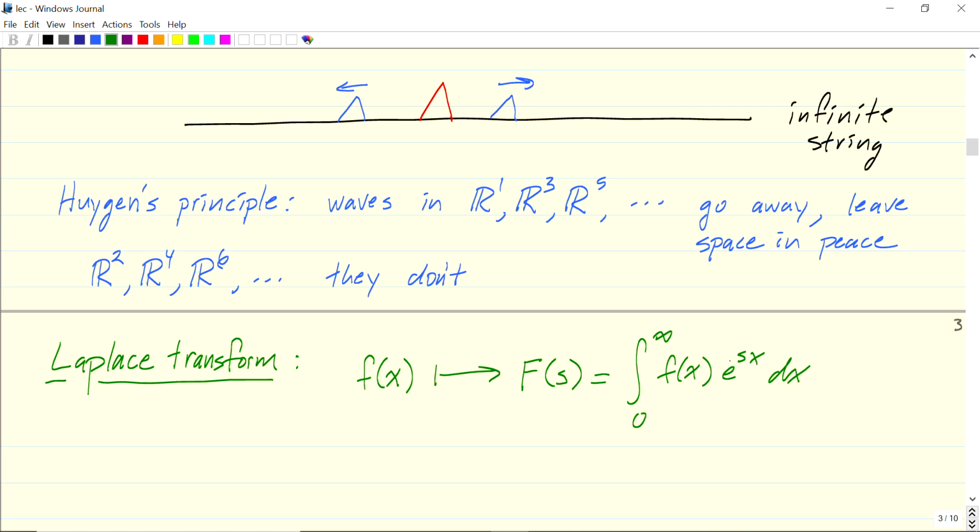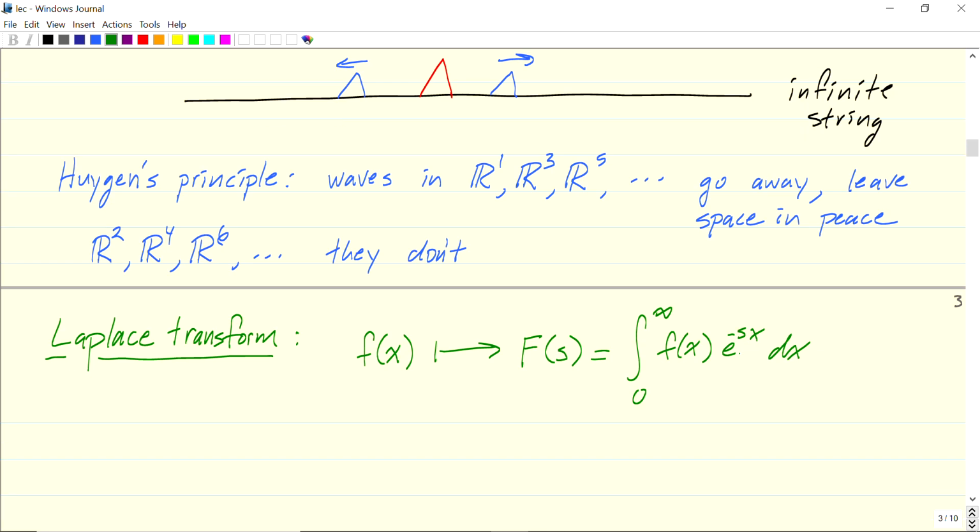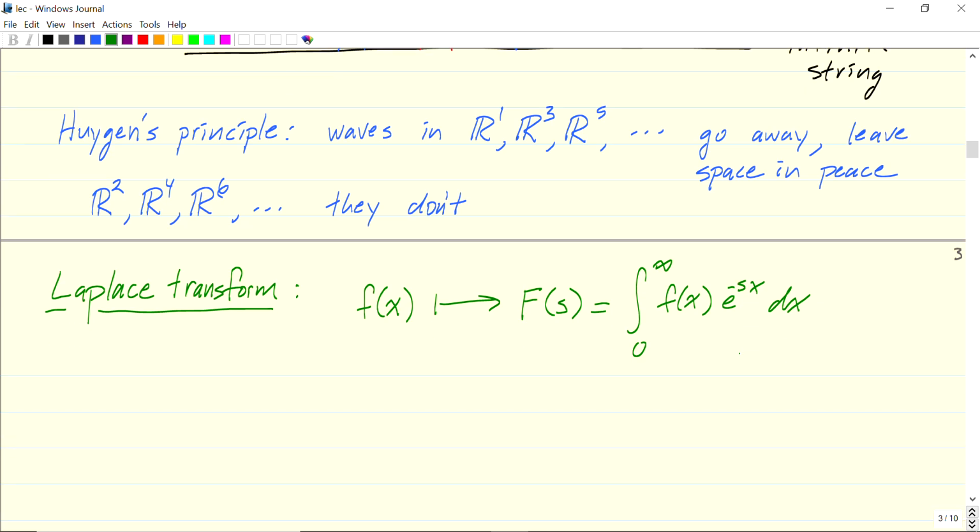So for one function of x, it's going to spit out a new function, which is a function of the s variable. And it's useful. This is an integral from 0 to infinity. It's useful for studying initial value problems.